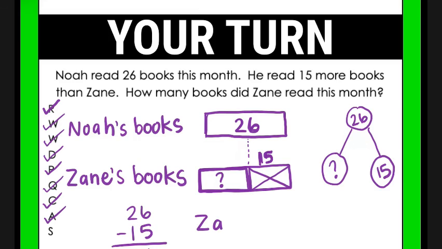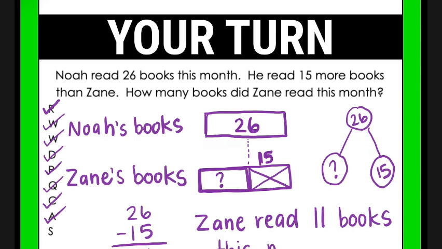We can say Zane read 11 books this month. And after you write your sentence, check mark the S, and now you are all finished.